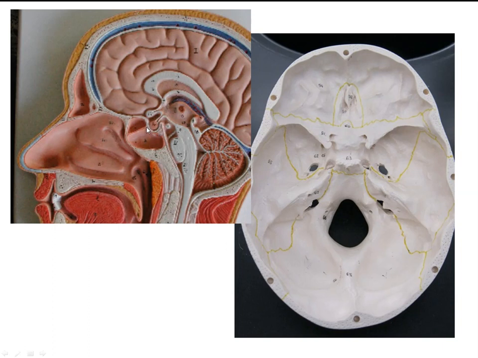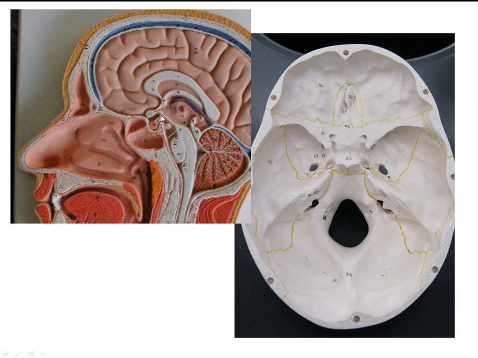That depression of the sphenoid bone is called the sella turcica, and it actually forms a protective groove that holds the pituitary gland. There's the cerebrum, the corpus callosum, the area of the third ventricle, and the thalamus gives rise to the hypothalamus as you come down.